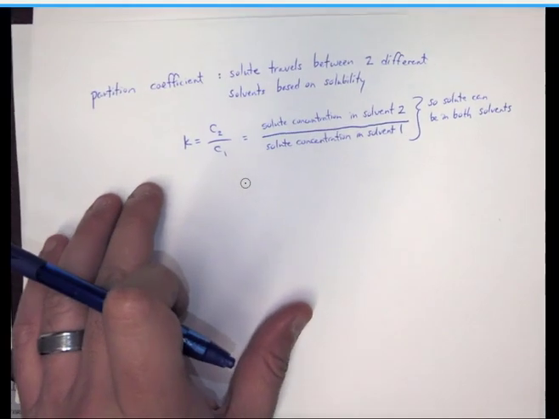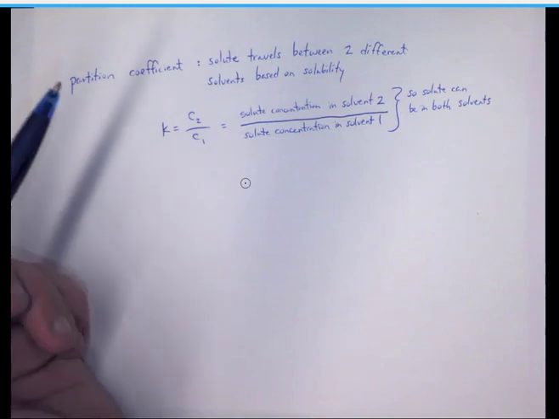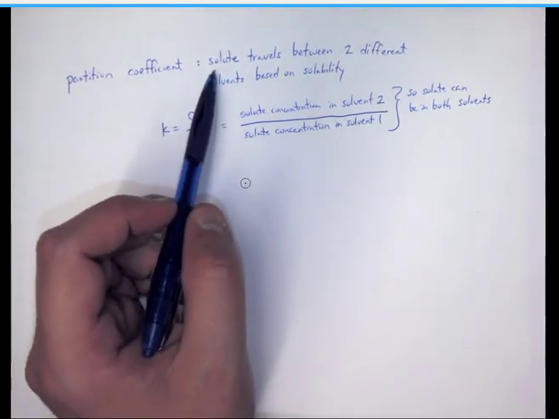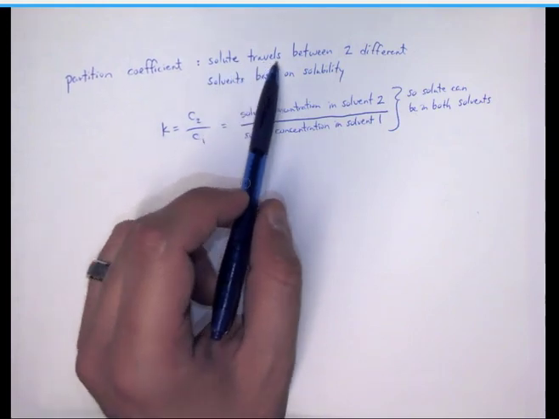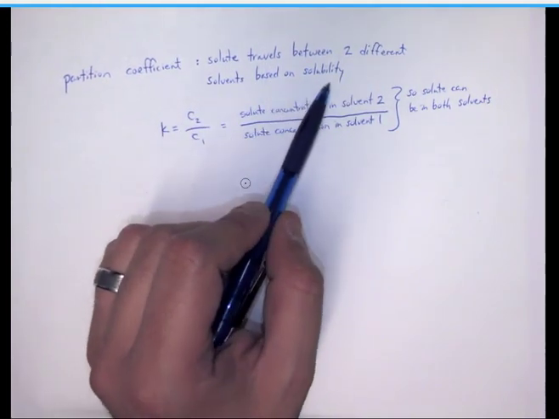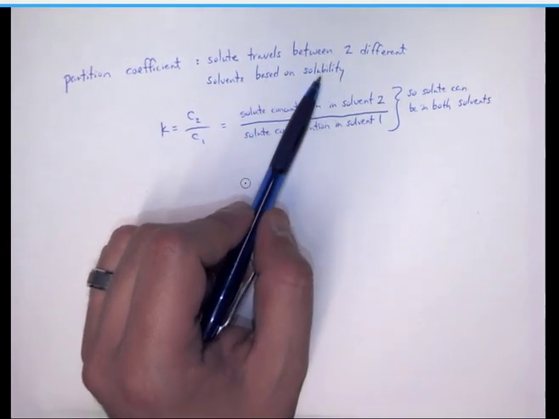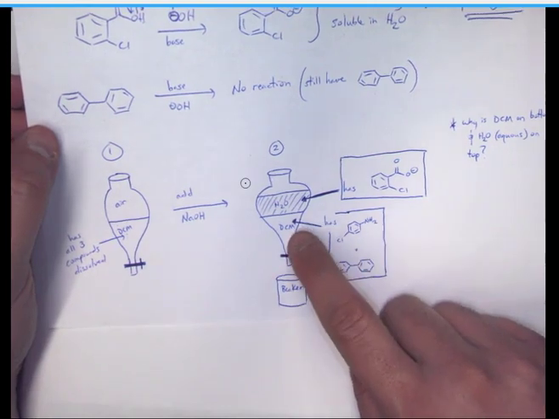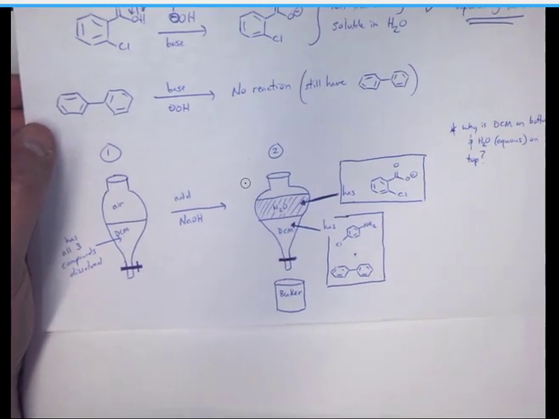The partition coefficient is the chemical principle describing how a solute would travel between two different solvents based off of solubility. So even though this guy right here is not very soluble in DCM, some of it's going to stay behind because it does have some solubility.